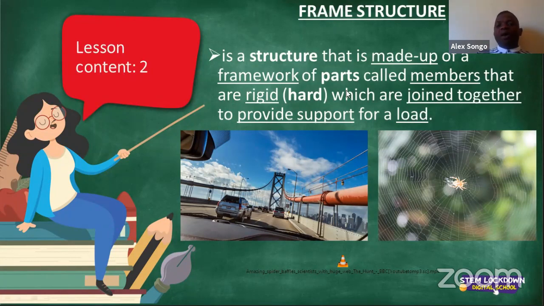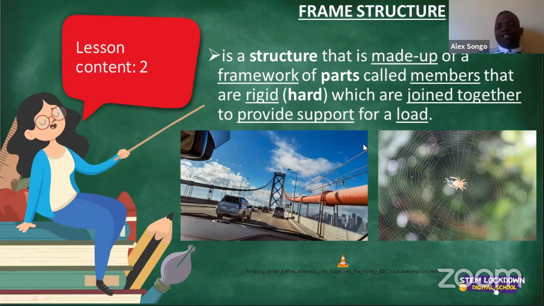Okay, so a frame structure is a structure that is made up of a framework. A framework means it's a combination of members that are joined together to support a load. Now, these members, ladies and gentlemen, are rigid. The word rigid appears a lot in natural sciences. What it simply means is that something is really, really hard. So struts need to be hard so that they can support the load, and those need to be joined together.